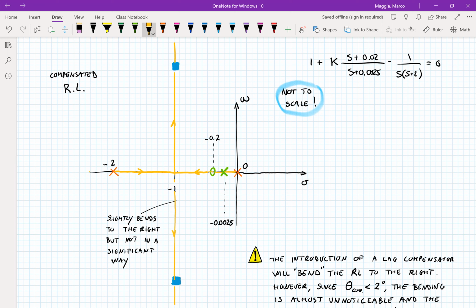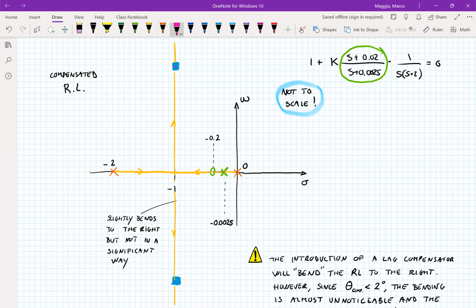All right. Now, since we've introduced a compensator, the root locus must change. This is inevitable. It cannot remain the same. So we are expecting the root locus not to pass exactly through the dominant poles.